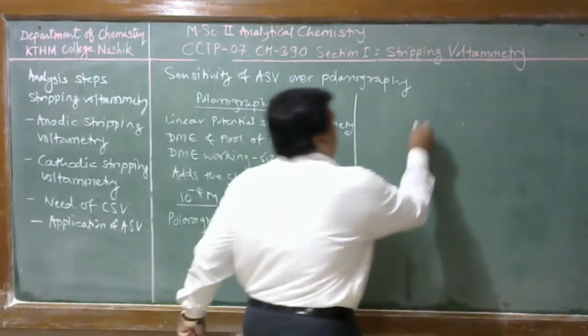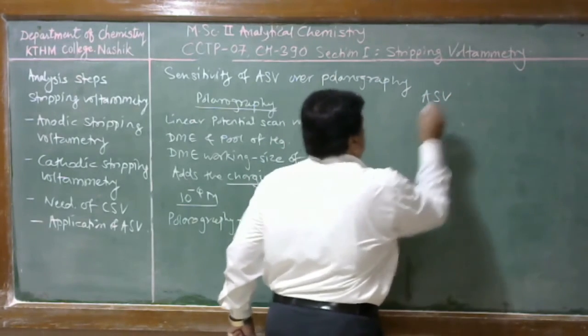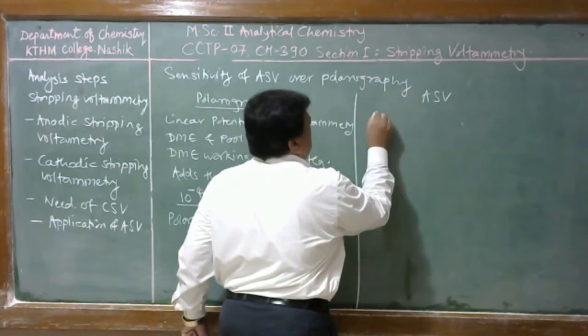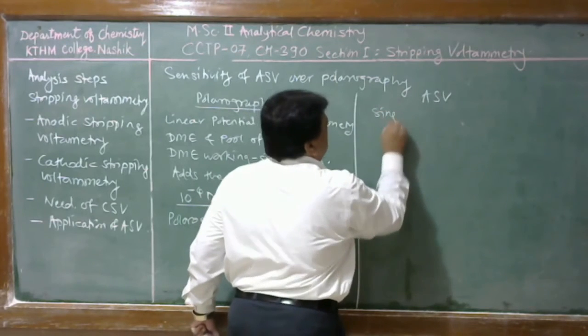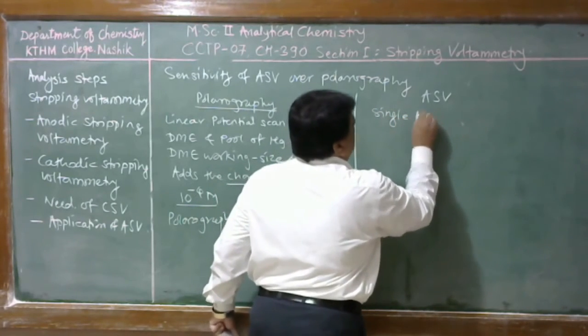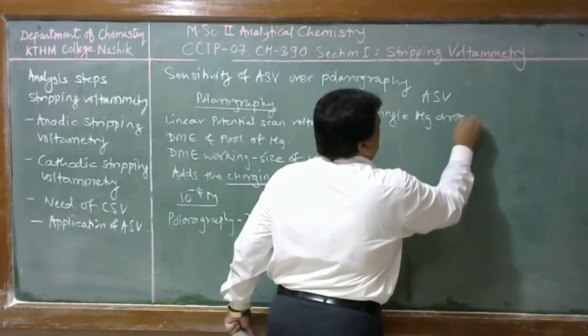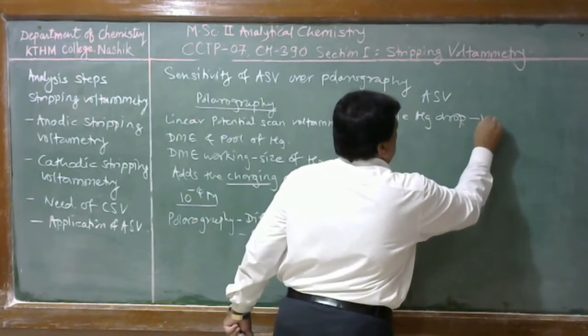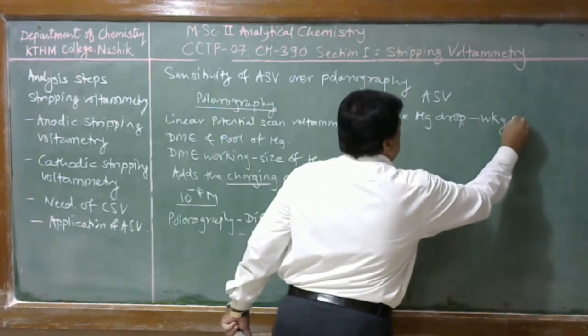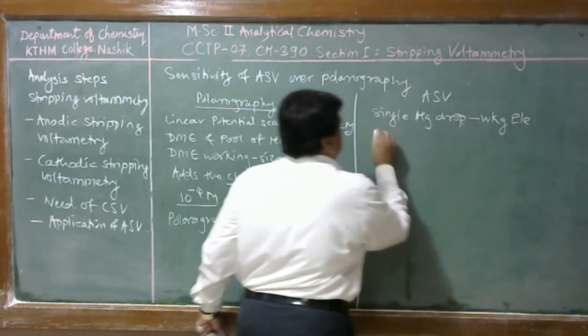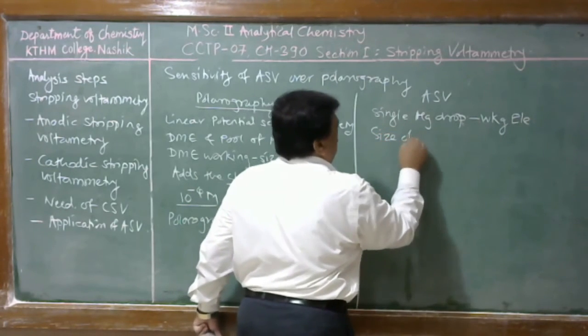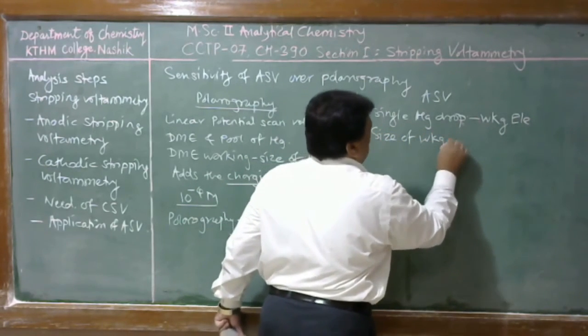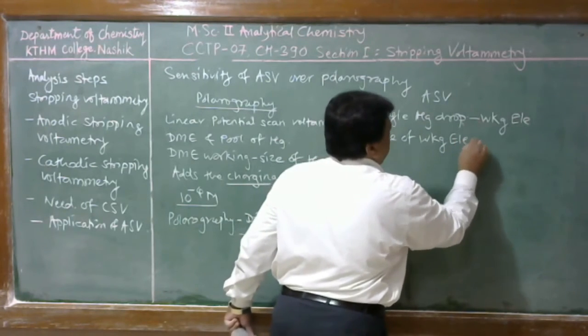In case of anodic stripping voltammetry, a single mercury drop is used as the working electrode. The size of the working electrode is fixed.